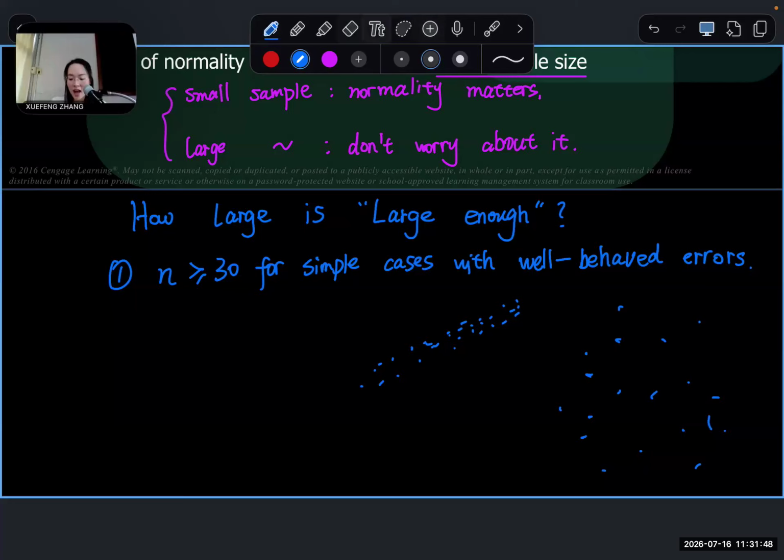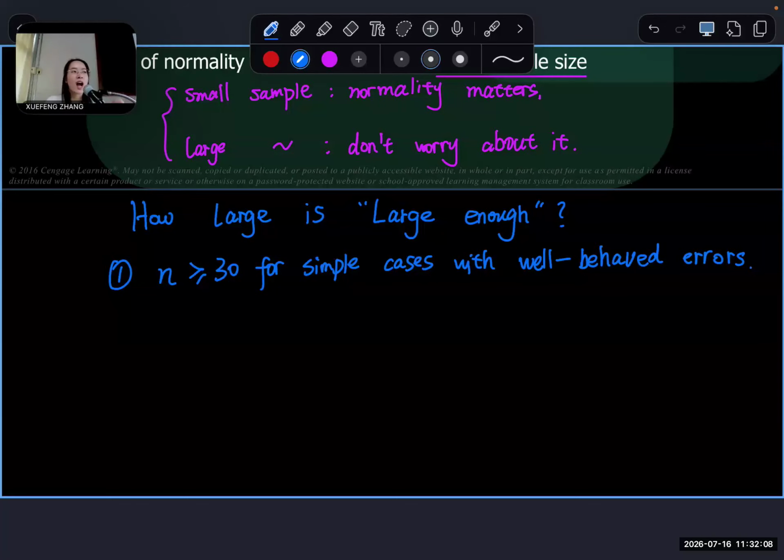Not messed up. This is from the textbook, okay? We need well-behaved errors, but actually, the error term is unobservable. We don't know what it looks like. This is just how the textbook defines that, okay?